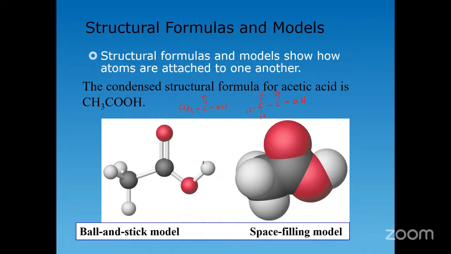Now, over here, what we have is called the space filling model. To be perfectly honest, I don't expect that you encounter this representation in organic chemistry, but if you plan to do higher level research, like in pharmaceutical chemistry and so on, this will become very important, especially when it comes to understanding the mechanism of drug actions, right?